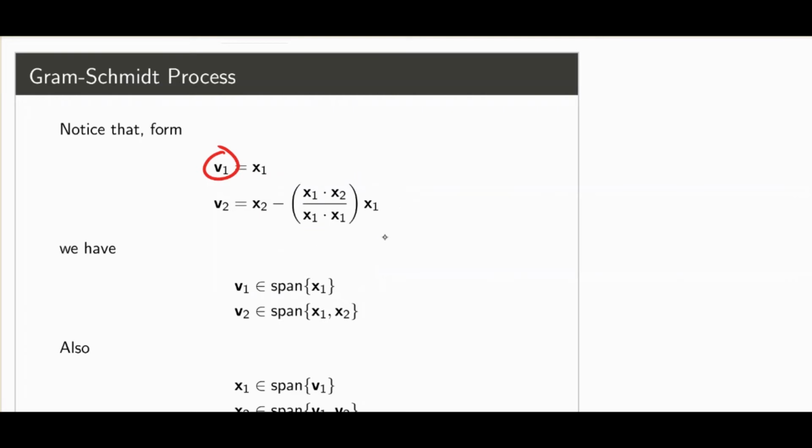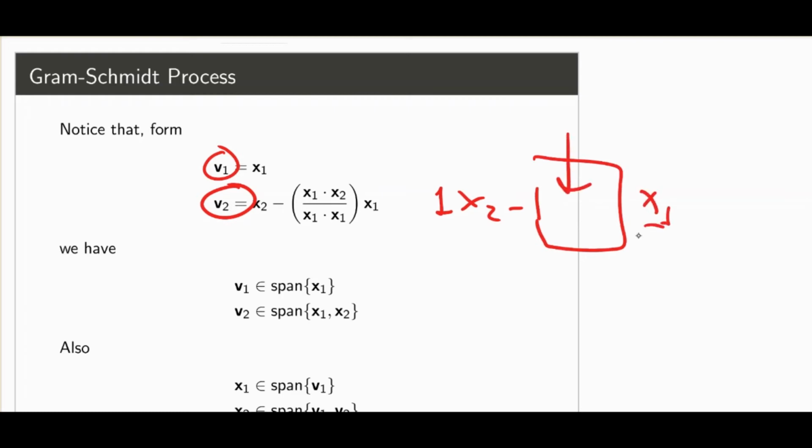We just spell out the entire computation right here. And you can see that v2 is 1 of x2 plus some constant, or if you like, minus some constant number, times x1. So by definition, your v2 is definitely spanned by x1 and x2.